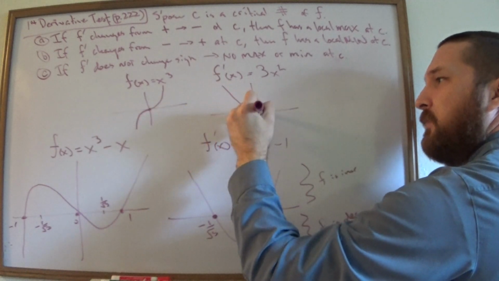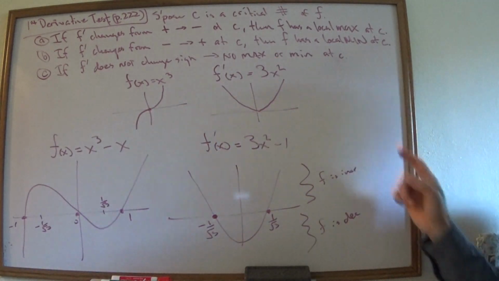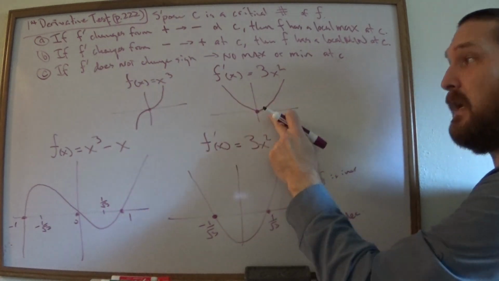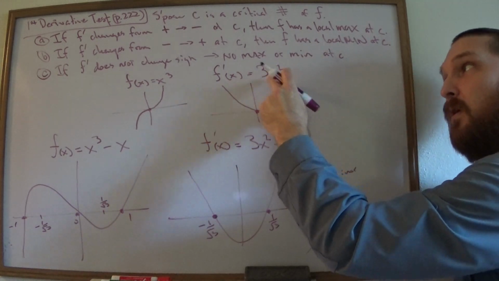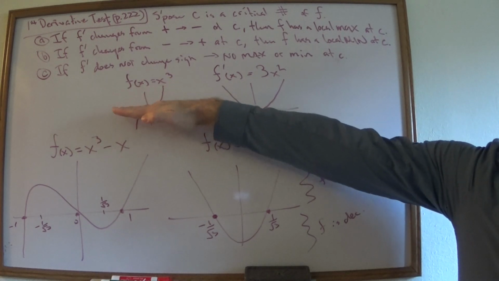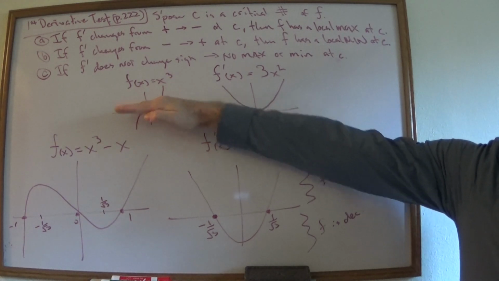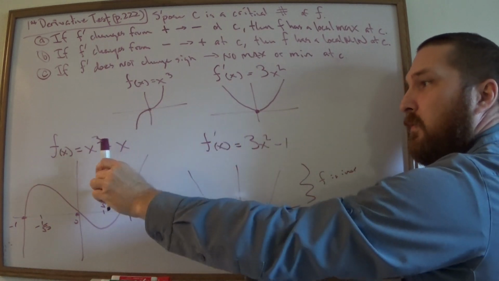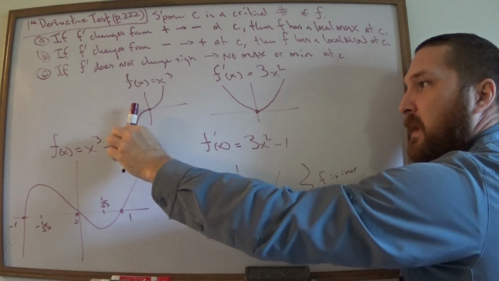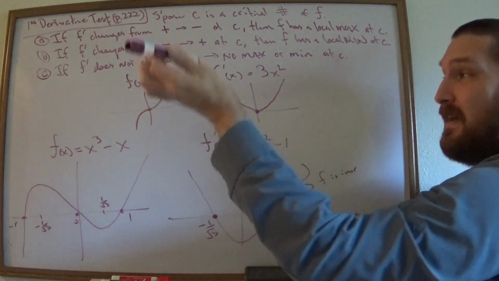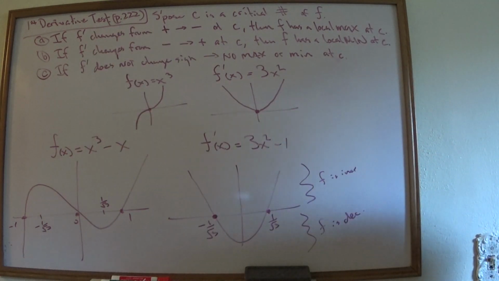Now it comes down, the slope is 0, but it pops back up. c being 0 here is a critical number, because when you plug in 0, the derivative is 0, which means that for the original function, the slope is 0, it's flat right there. But the derivative doesn't change sign. The derivative is positive, so it's a positive slope. It comes down to 0, but then it becomes positive again. So that's neither a min nor a max. And we can conclude that from that.